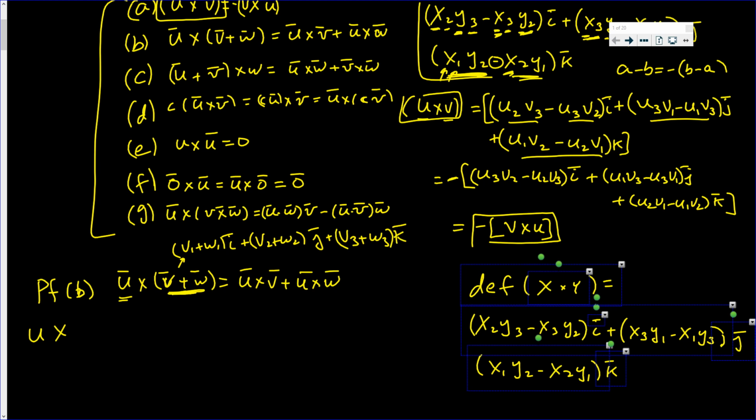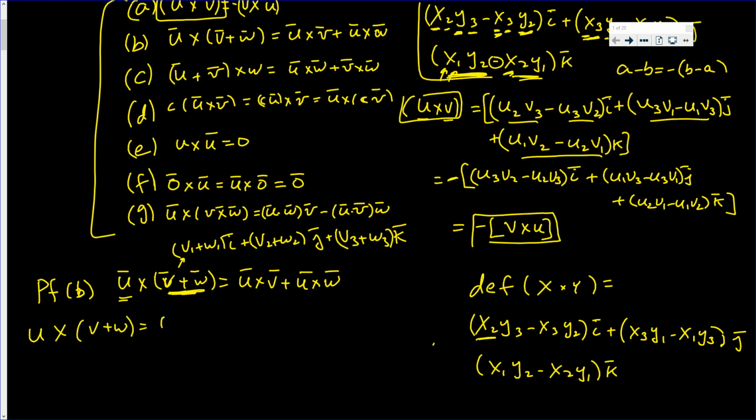So we're going to think of this as one vector, and according to the definition, it's the first vector second component, which is U2, times the second vector third component. Well, that's V3 plus W3, and then it's going to be minus U3 times V2 plus W2, and this here is in the I direction.